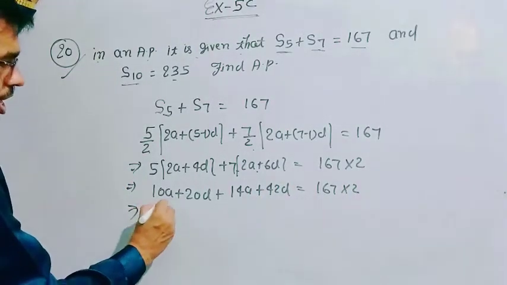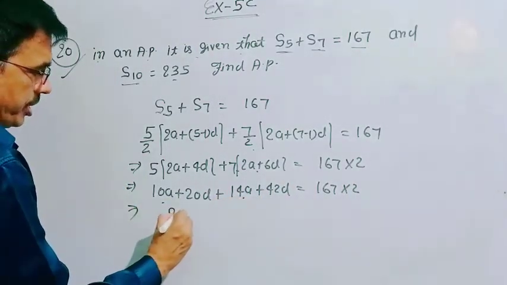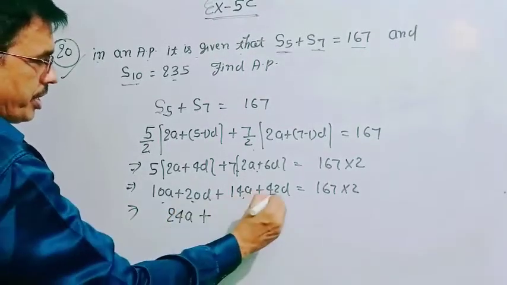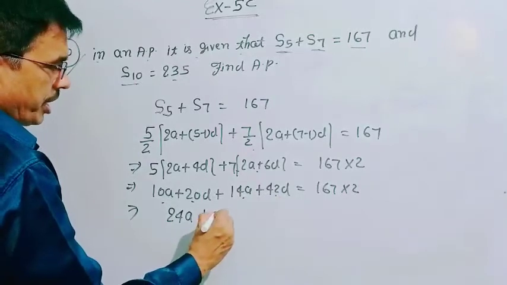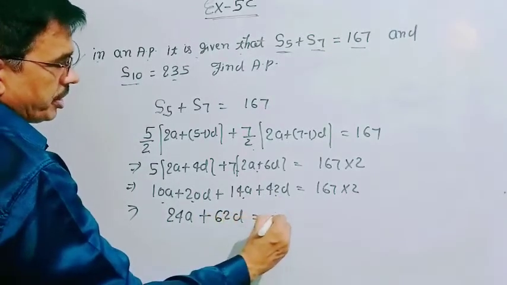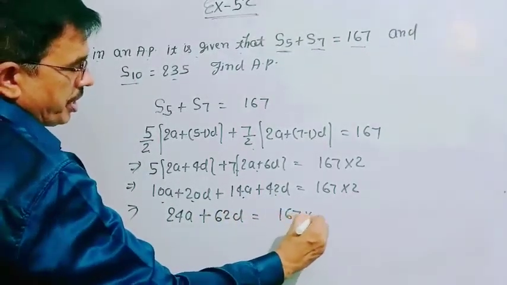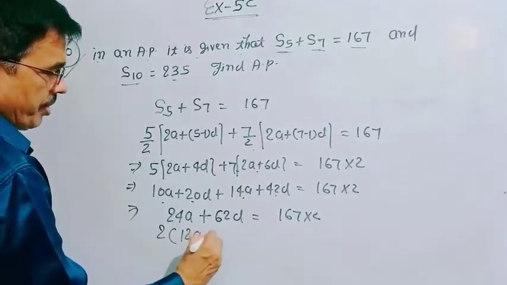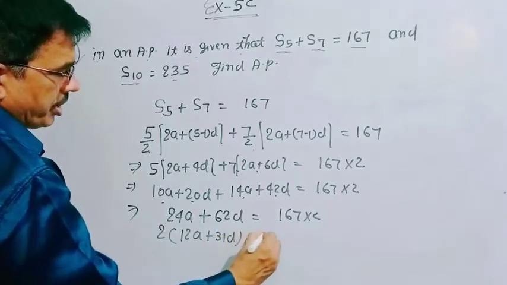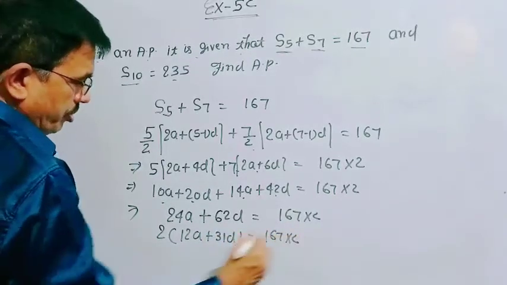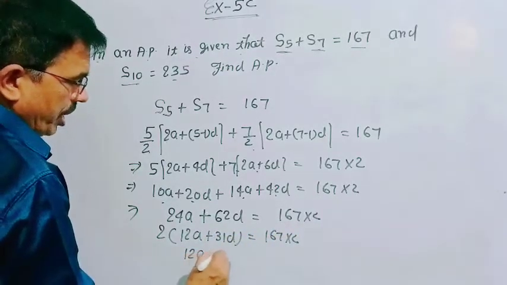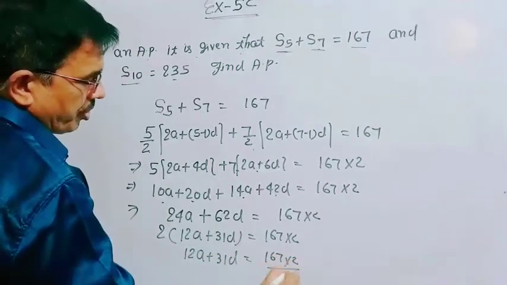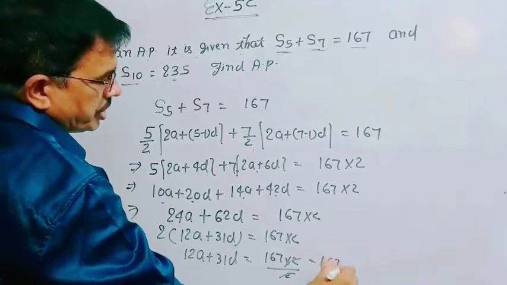Now 10a plus 14a, that is 24a, and 20d plus 42d, that is 62d, is equal to 167 into 2. We take 2 as common, that is 12a plus 31d is equal to 167 into 2 by 2, that is 167.